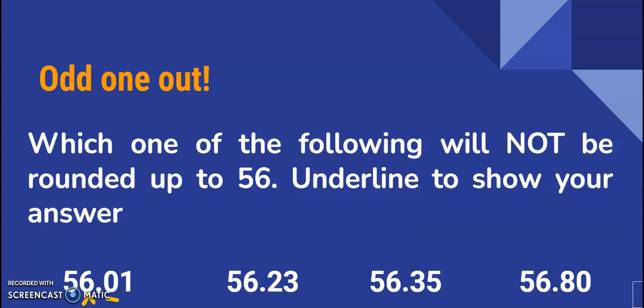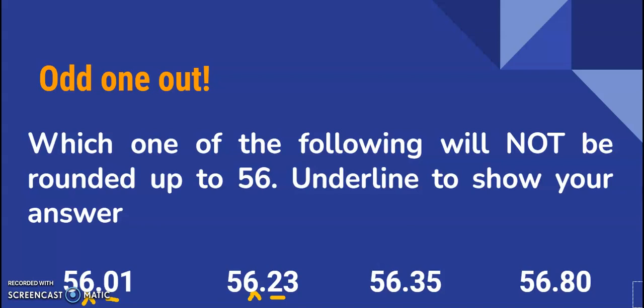Now moving towards the next number, 56.23. Again I make an arrowhead to show my target digit. I underline the digit to the right. Again this is 4 or less, so my number rounded to the nearest whole number will be 56.